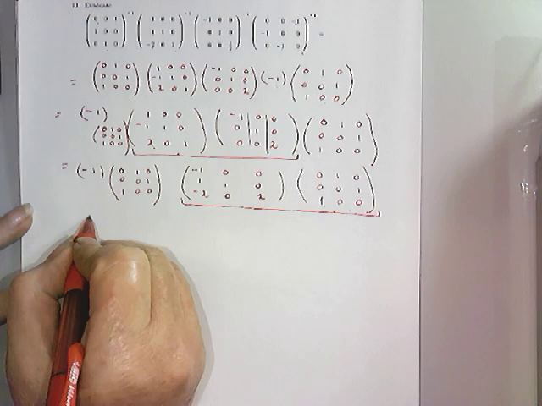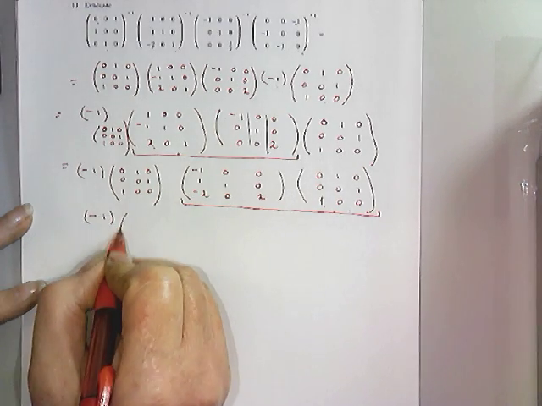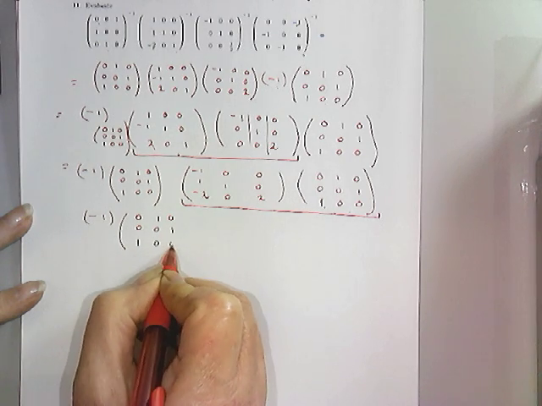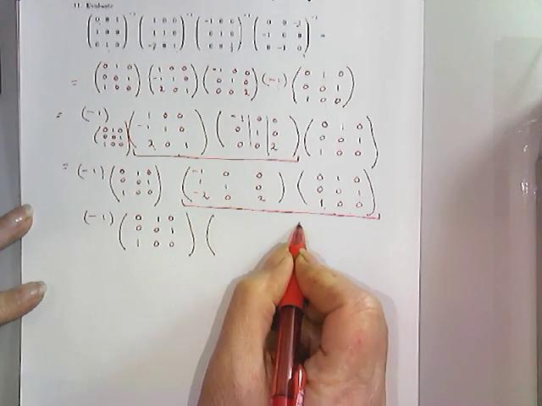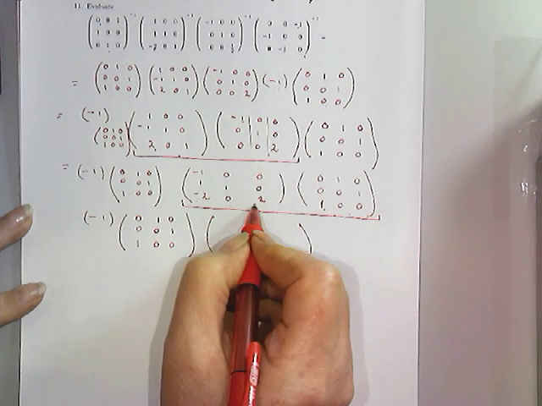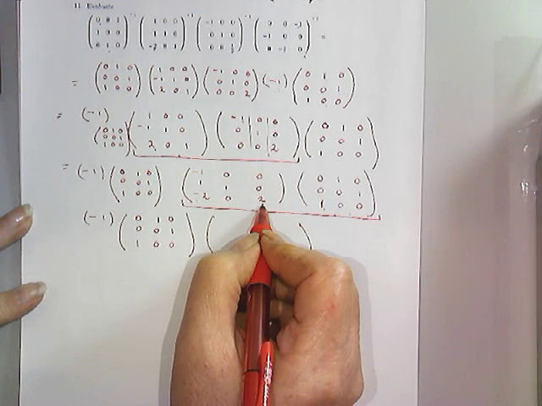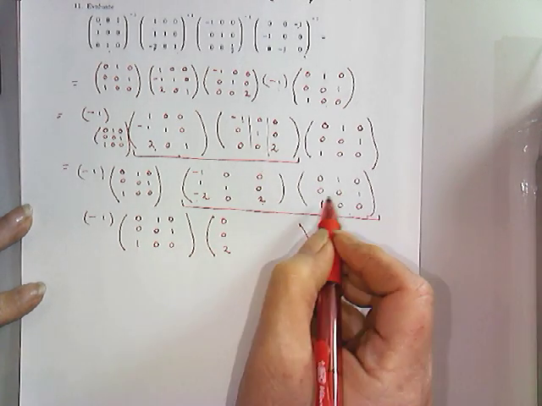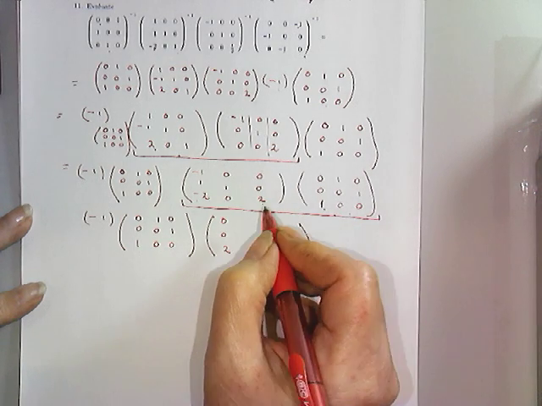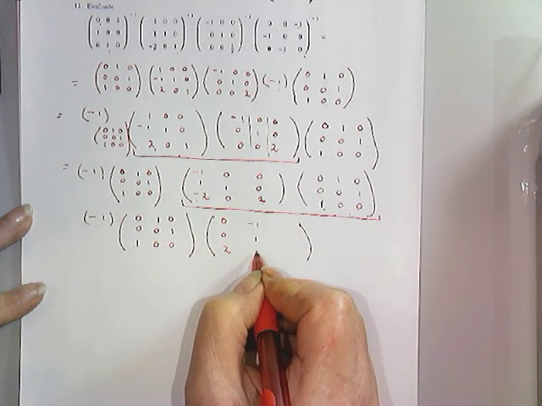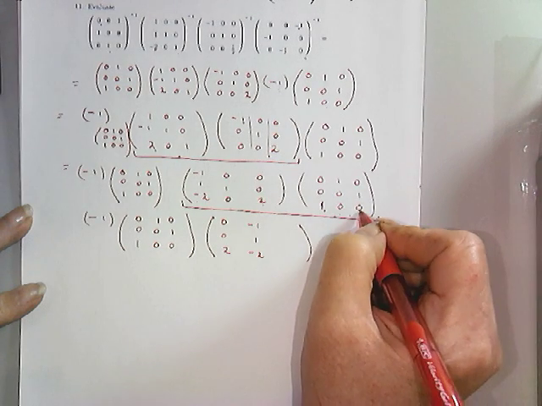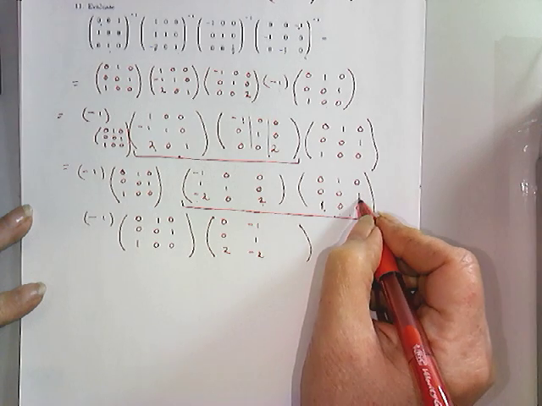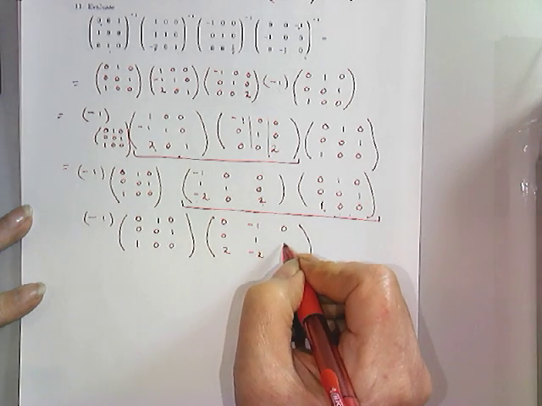And so this is going to be -1 times the matrix 0, 1, 0, 0, 0, 1, 1, 0, 0 times switching the columns. Now we'll have the third column first, which would be a 0, 0, 2. And then we're going to have the first column, which would be -1, 1, -2. And then we're going to have the second column, which would be 0, 1, 0.